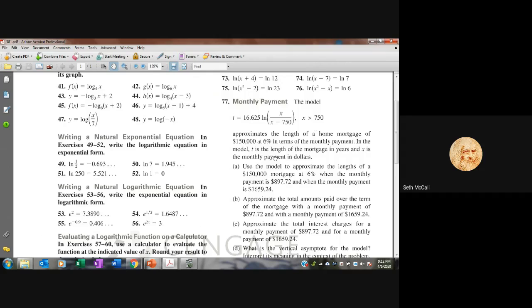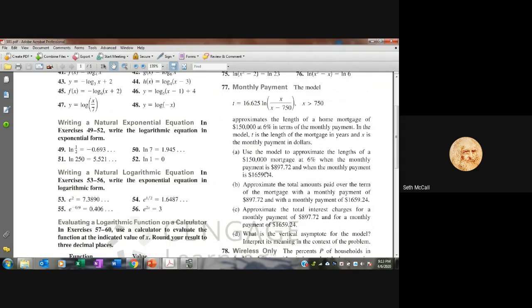So in the model, T is the length of the mortgage in years, and X is the monthly payment in dollars. And so what this is saying is you have to make a payment bigger than $750. So if your payment is just like, let's say 751, it's going to take you T amount of time to pay it off. The larger that you make X, the smaller T is going to end up being.